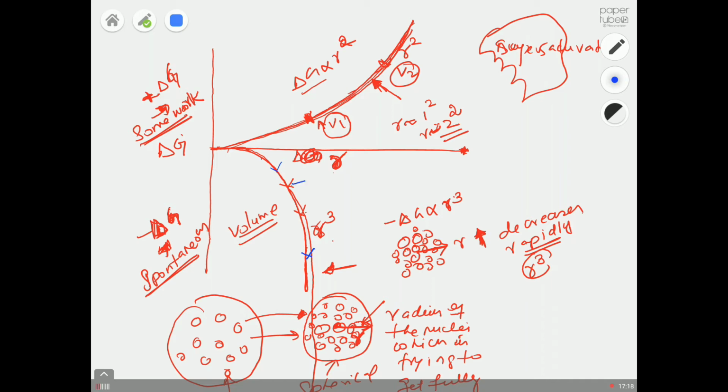If the volume is small, that minus delta G will be somewhere around r cube, and that's how it works. So if r is equal to 1, minus delta G will be approximately equal to r cube multiplied by some number. We will see what those numbers are. We are going to derive that one. So just remember this number, r raised to the power of 3, r raised to the power of 2.